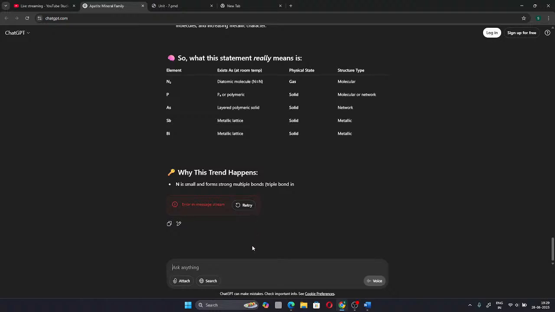So basically, they are saying these exist as solid and only nitrogen exists as a gas.